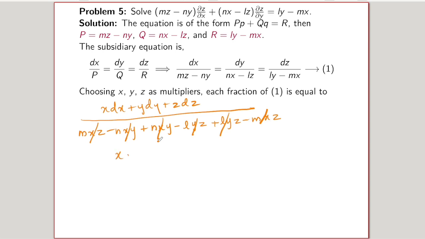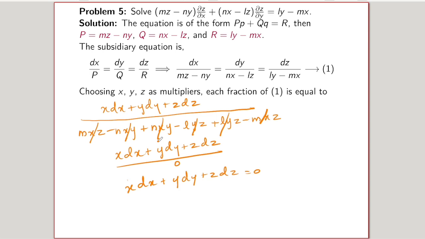So ultimately I am getting x dx plus y dy plus z dz divided by 0. As said in the previous problem, we can write the numerator term x dx plus y dy plus z dz equal to 0. After integrating, I can write x squared plus y squared plus z squared equal to a. This is nothing but the first solution u.